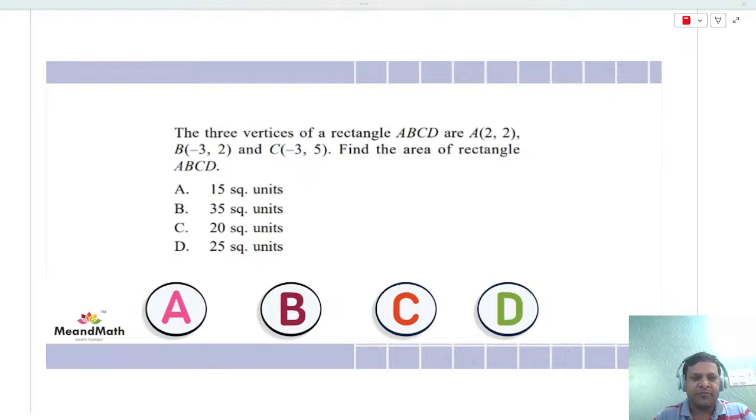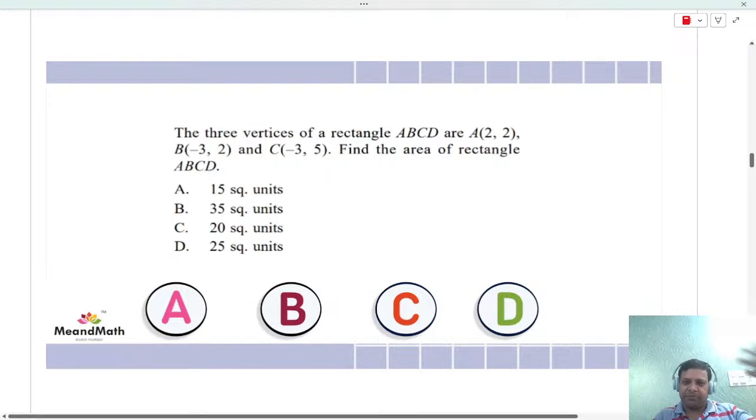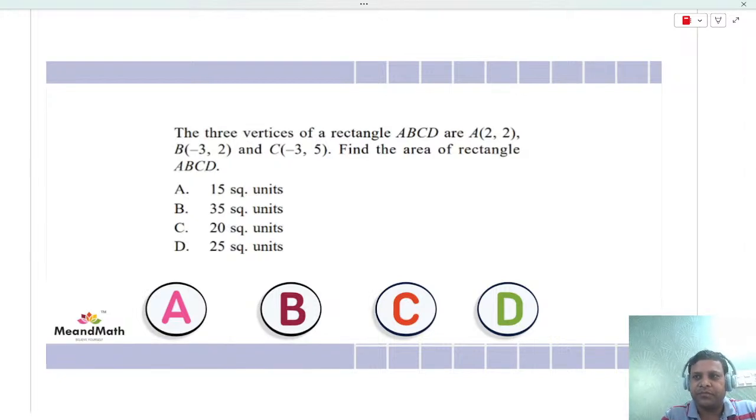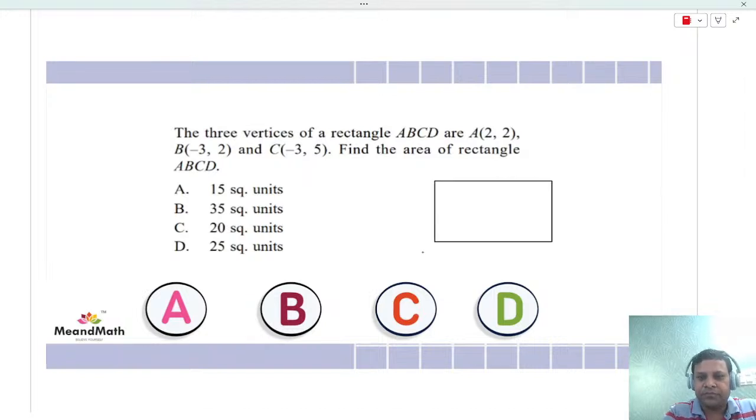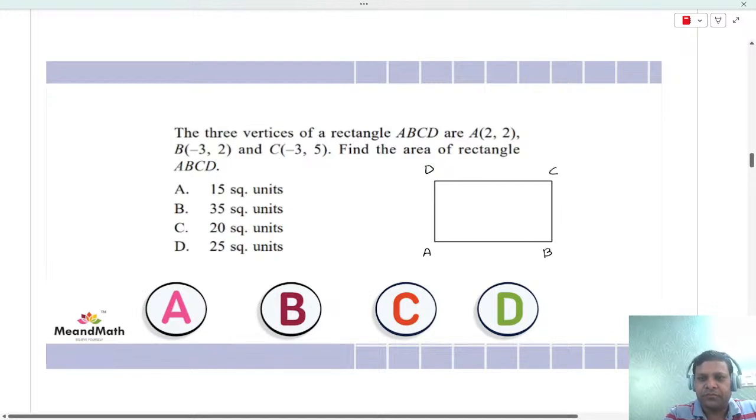Your first task is to find the fourth coordinate. आप लोग ट्राई करो, तब तक मैं इसका डायग्राम बना देता हूँ.